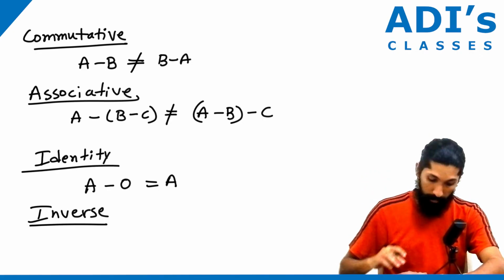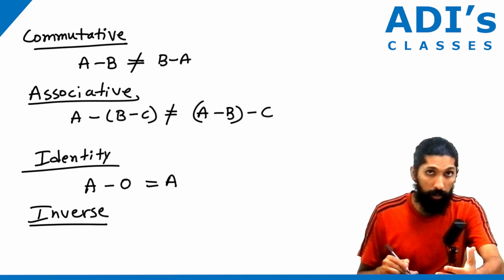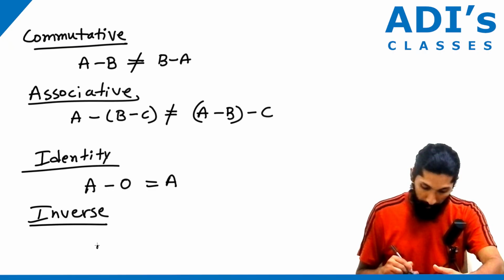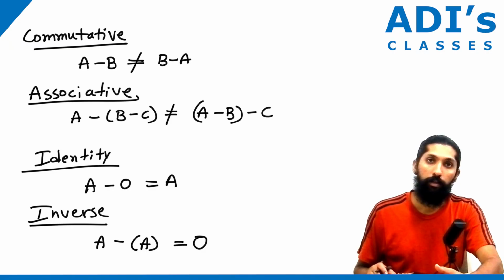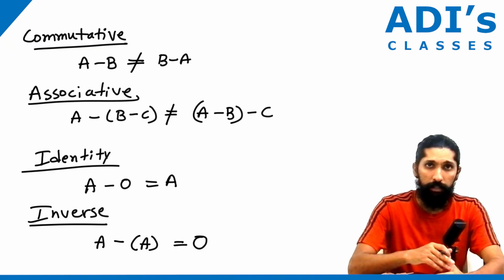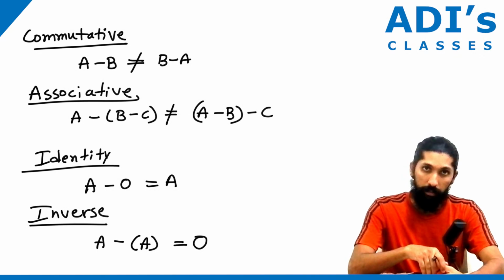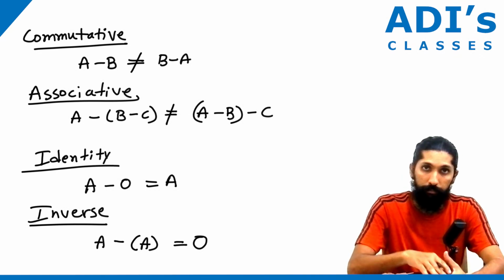Fair enough? Even for the inverse, let me write it the way we did for addition. You have A minus of A is equal to 0. That means you take the matrix and subtract it from itself to get 0.